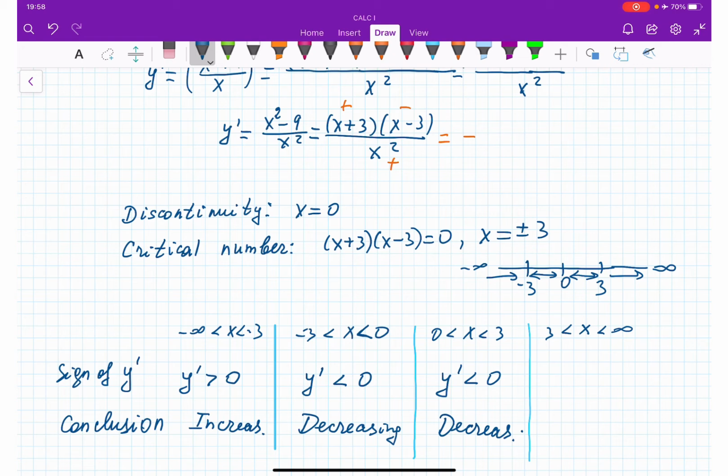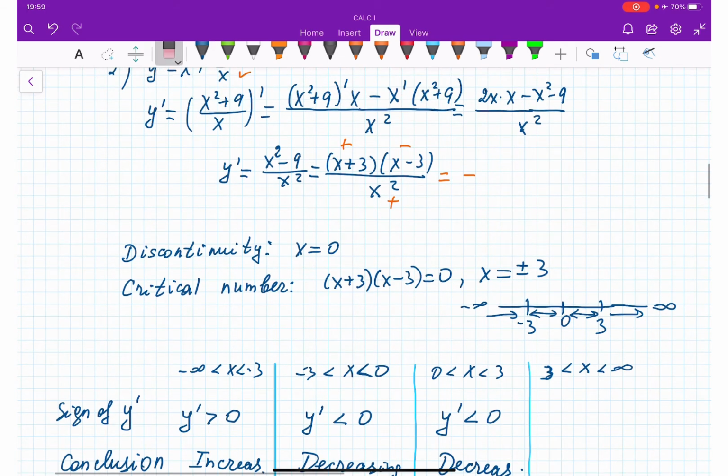And between 3 and positive infinity, okay, let's take 4. So if we take 4, this is going to be positive. This is going to be positive. This is going to be positive.